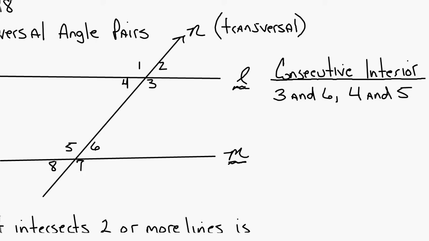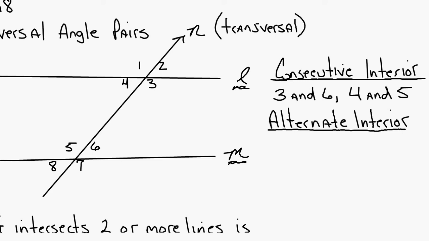Next pair, they are called alternate interior. Consecutive interiors were on the same side of the transversal. Alternate interiors are on alternating sides of the transversal.